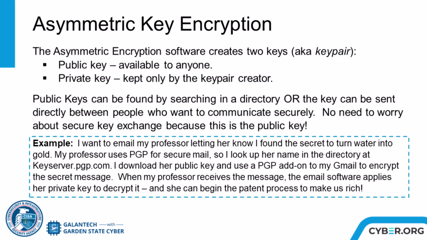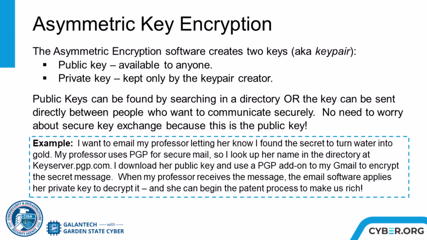Let's review this one more time because it is important to remember. The asymmetric encryption software creates two keys, which creates a key pair. The public key is available to anyone, and the private key is kept only by the key pair creator.